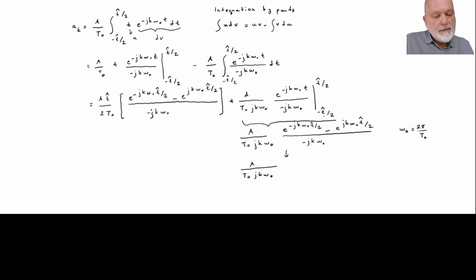Now this expression here is minus 2j sine k, and instead of omega 0, we substitute 2 pi over t0, t cap over 2, divided by minus jk omega 0. So these j terms will cancel out.